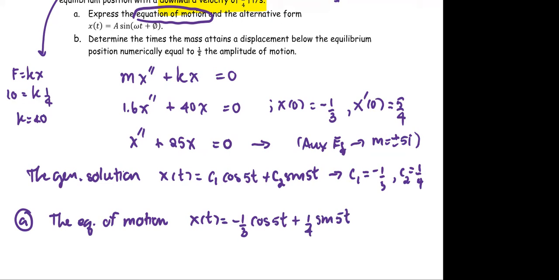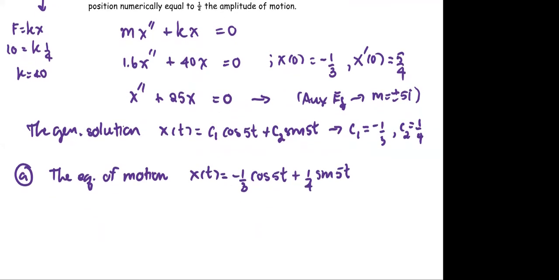And part A asks you to write it in the alternative form, so find the parameters for the alternative form. The A, or the amplitude, is the square root of c1 squared plus c2 squared.